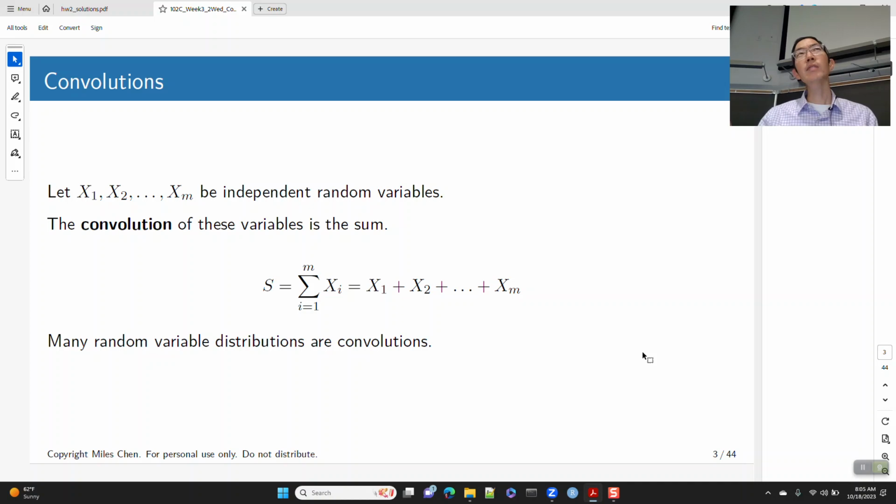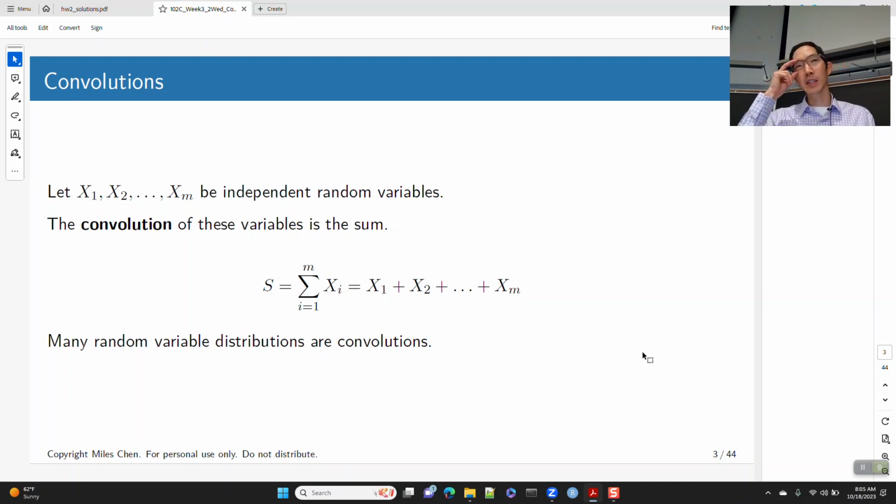A lot of these convolutions that we're going to look at are basically definitions of random variables that you learned. So if you think back to Stats 100B, a lot of this stuff comes from there, where you learn the relationship between, say, an exponential distribution and Poisson distribution, or the relationship between the normal distribution and the t distribution and the chi-squared distribution.